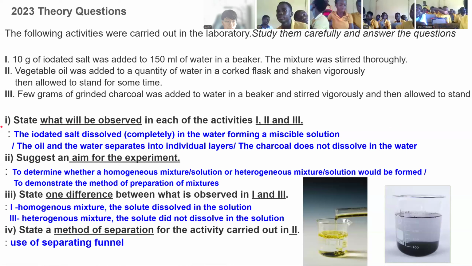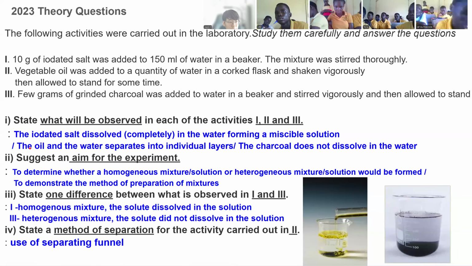The first question asks us to state what will be observed in each of the activities in 1, 2, and 3. So we can see in 1 that the iodinated salt will dissolve completely. It will form a miscible solution. It will form a sort of homogeneous mixture.